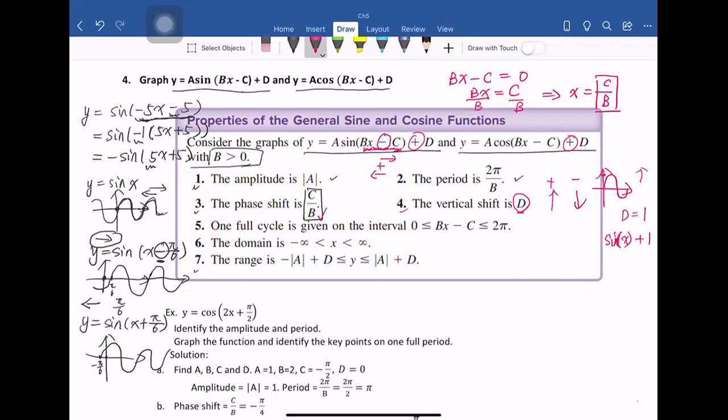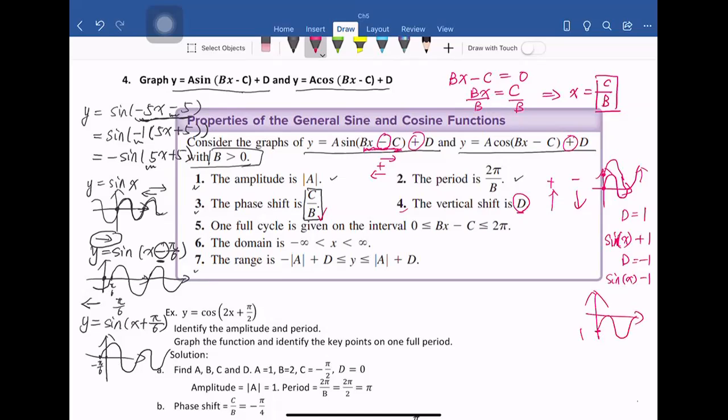Here is my original, the first point, and then moving up like this. If d is negative 1, sine x minus 1 is moving downward. So going up, going down.